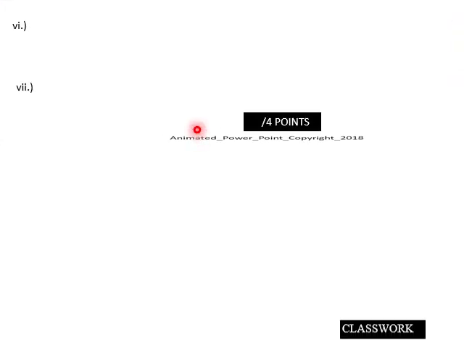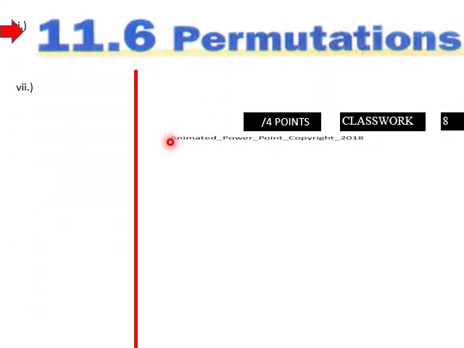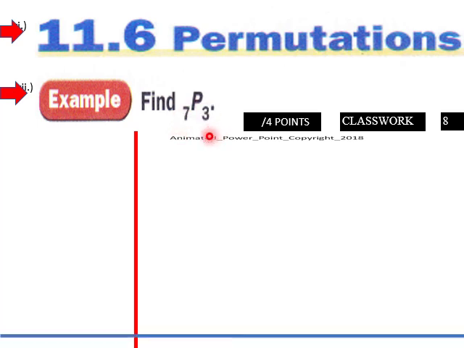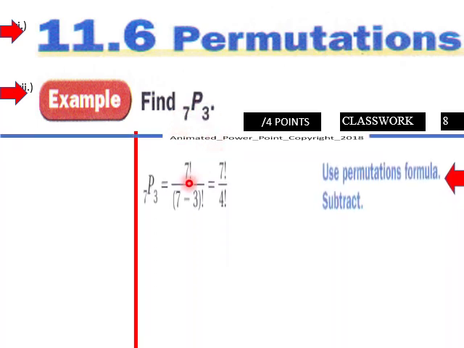Okay, let's move on now to example 11.6, permutation. So from the permutations, find 7p3. 7p3 is the same thing as 7 factorial over 7 minus 3 factorial, which would be 7 factorial over 4 factorial.